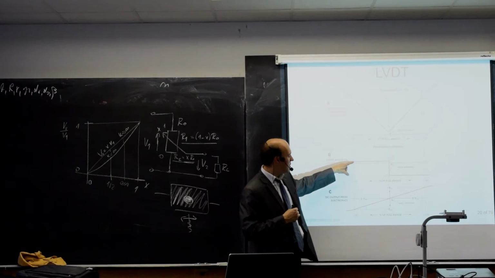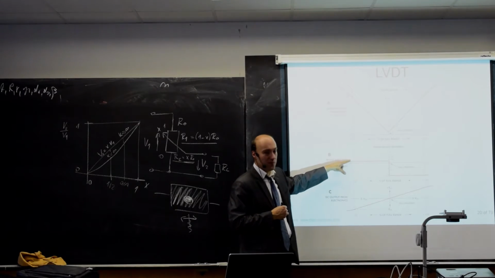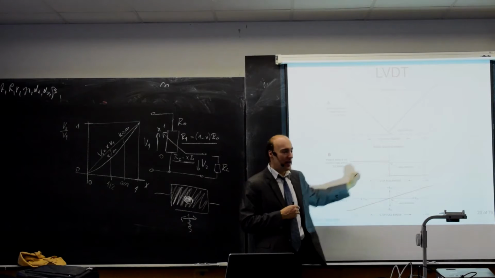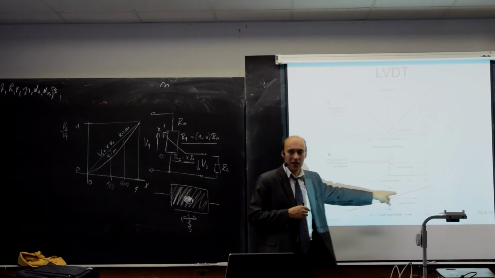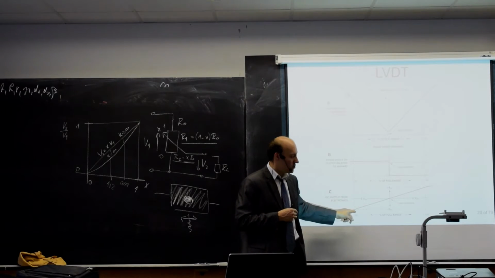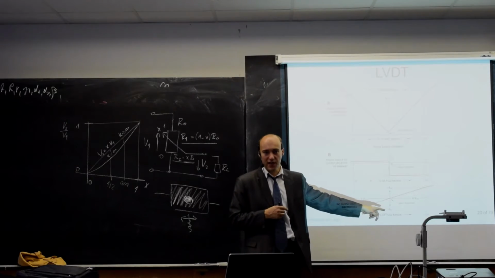So here you see the phase shift. Here the phase shift is either positive or negative, and if we combine all this together, then we can have a linear response from minus x to plus x.